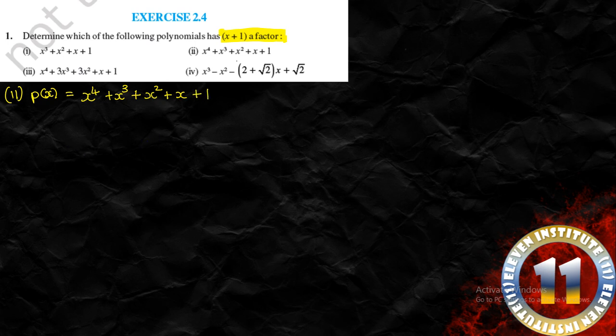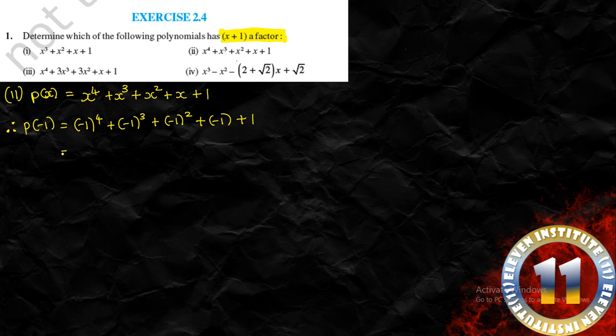Now instead of x we will write minus 1. Right, so you can see wherever there is x we have put minus 1.